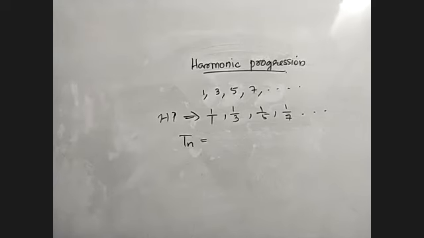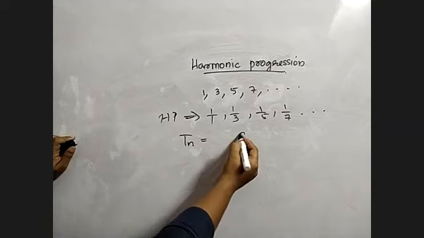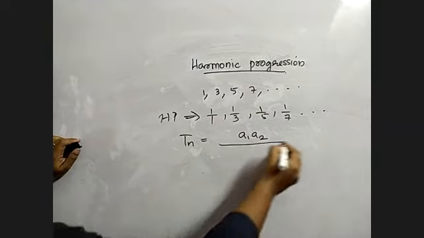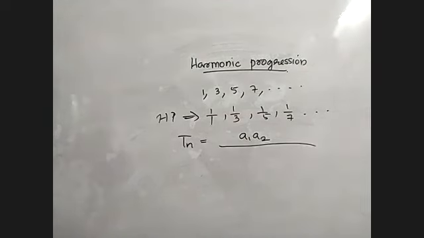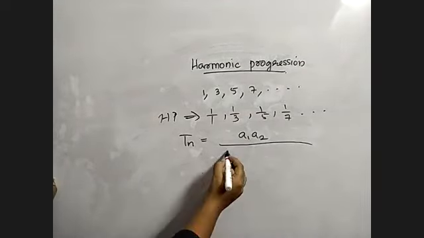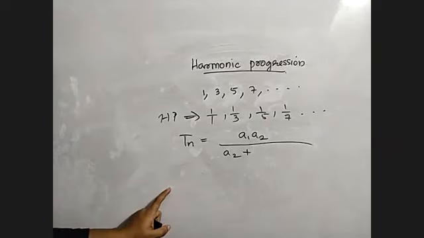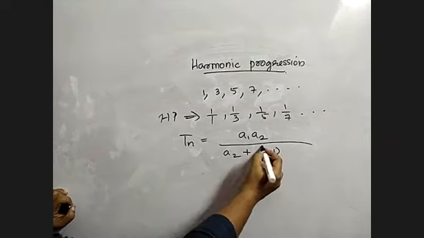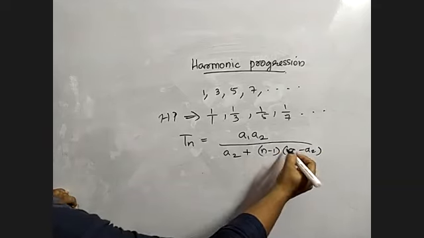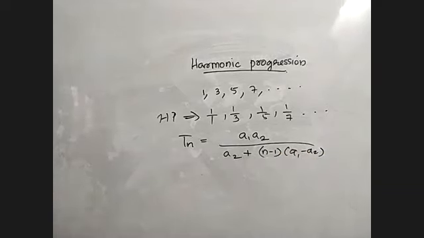The nth term of an HP is given as A1 A2 divided by A2 plus n minus 1 into A1 minus A2. This is the nth term of an HP.